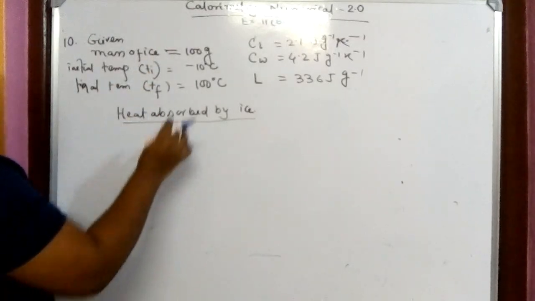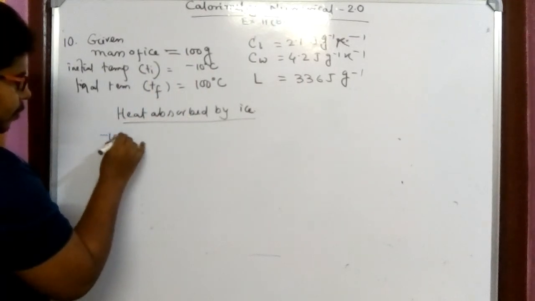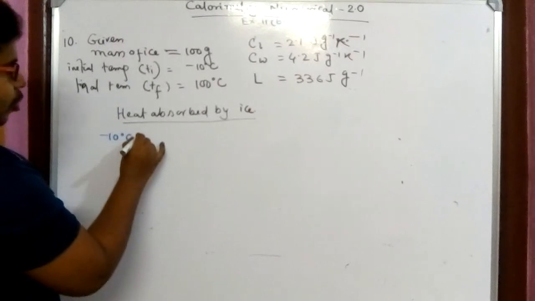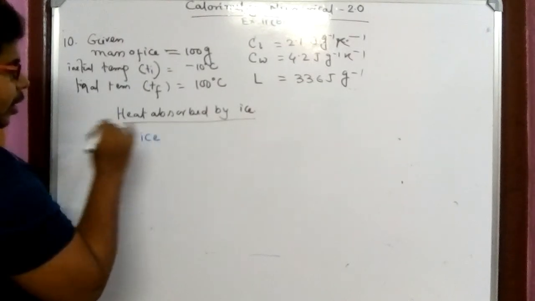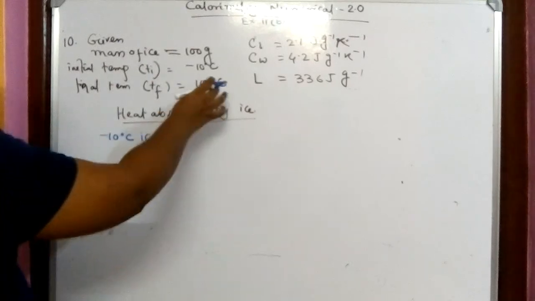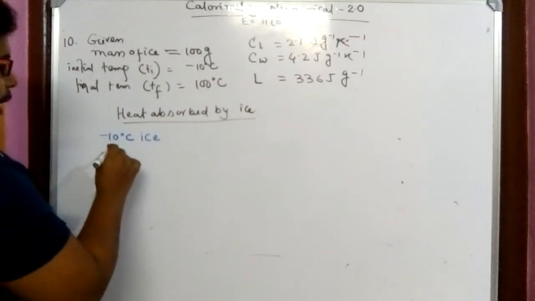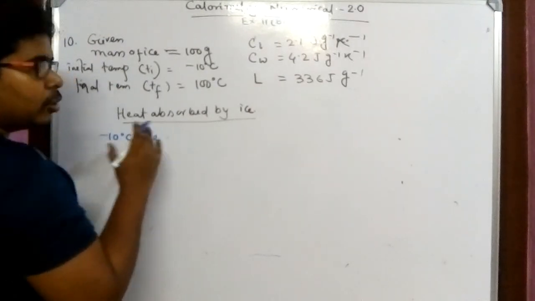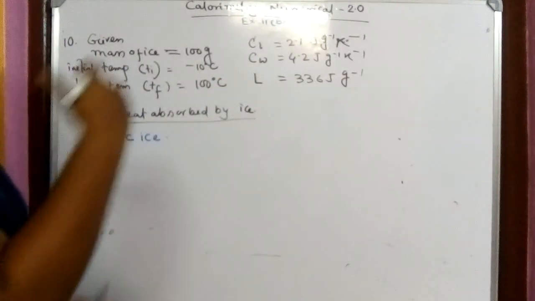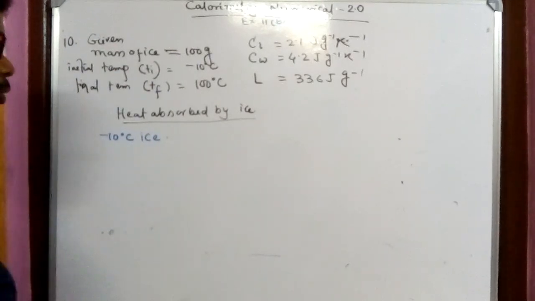100 gram of ice is at minus 10 degrees centigrade. So it will reach up to 100 degrees centigrade of water. In which state? Minus 10 degrees centigrade ice will not be able to convert directly to 100 degrees centigrade water. It should follow some steps. What are the steps?